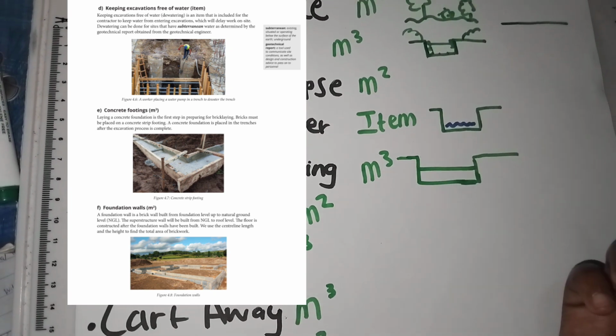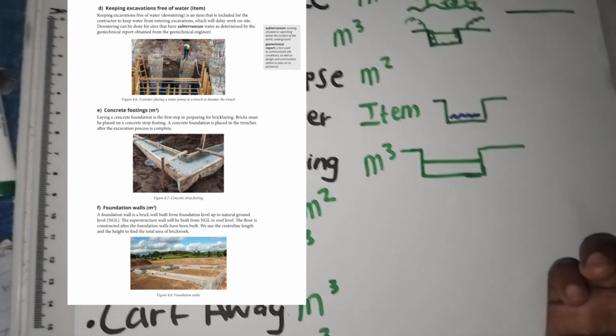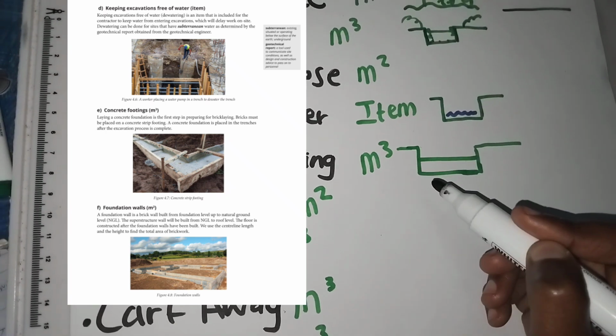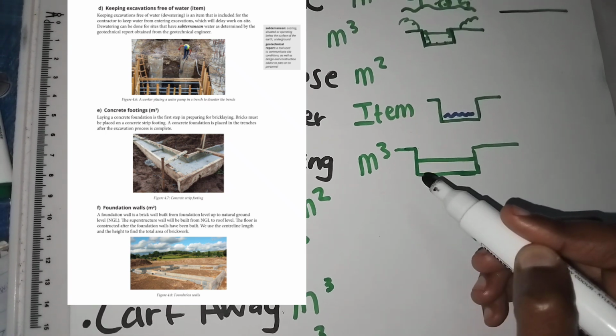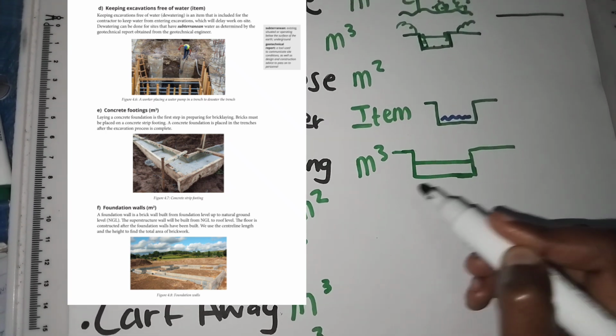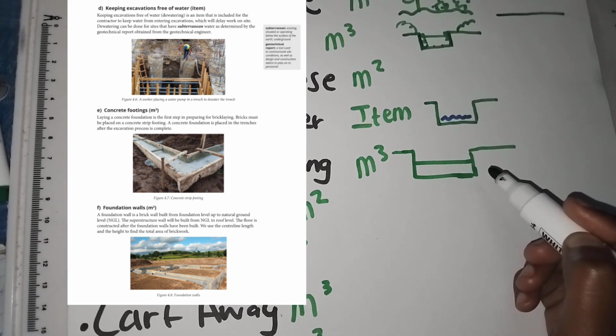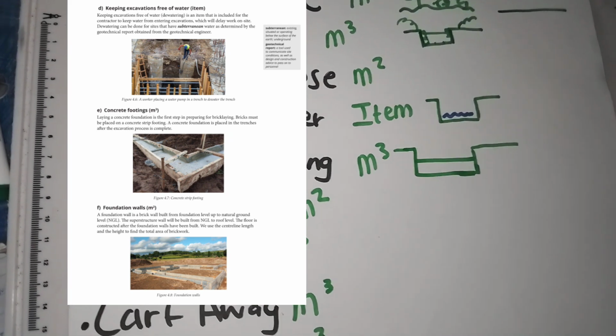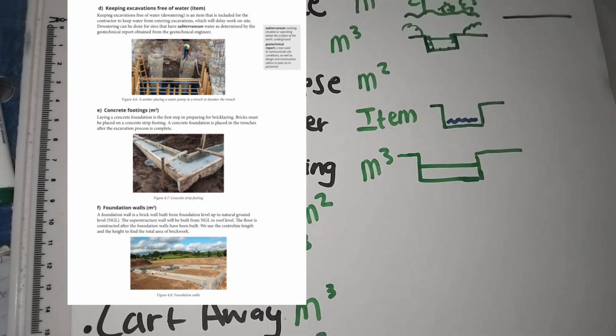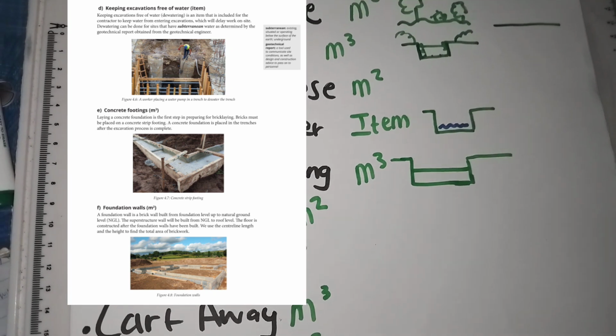I just say center line because why not? I've had people pronounce it that way. So your concrete footing has the length, has the height, and it also has the center line, right? We will discuss more of the center line.